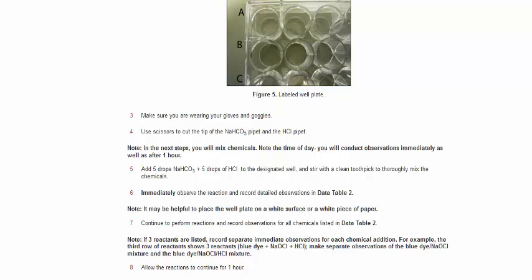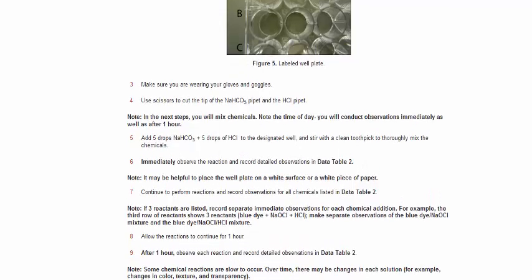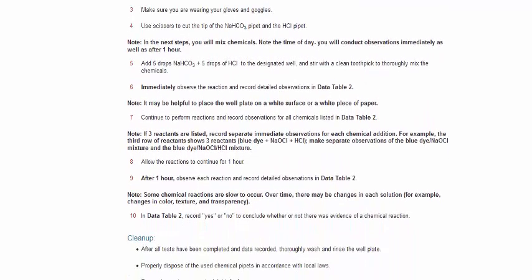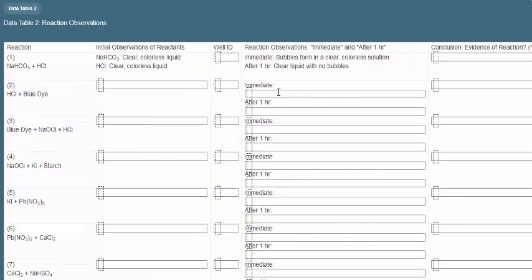As I said, if there are any bubbles, they're going to be really, really small. So you have to look very carefully to see if there is any visible evidence of a chemical reaction. As soon as you add the drops together, you observe the reaction. If there is anything to record, then write "immediate:" and what happens.